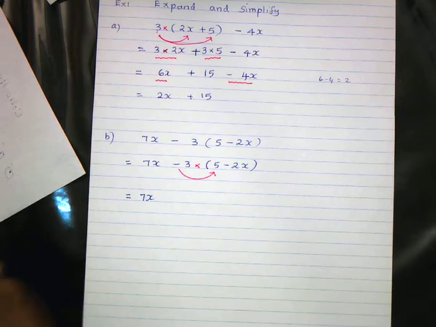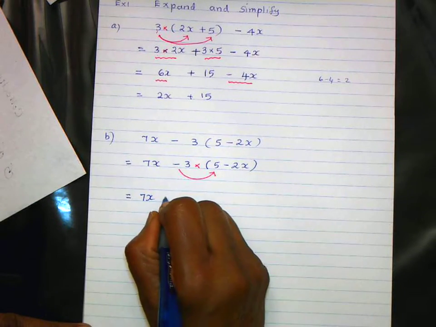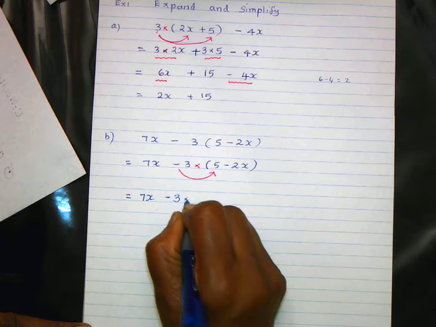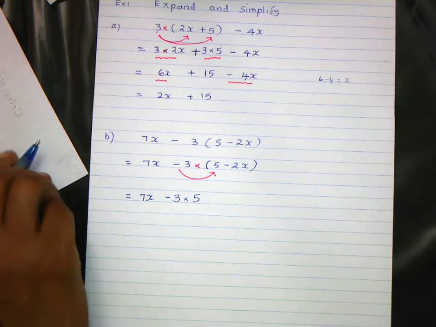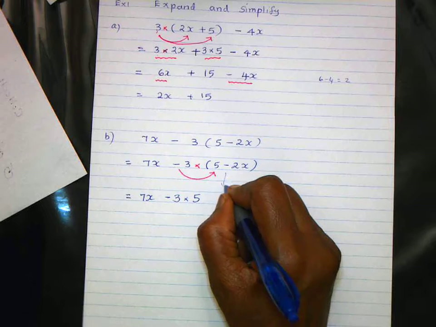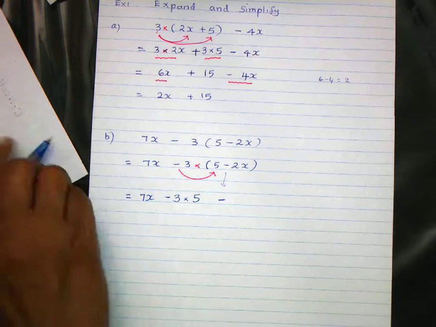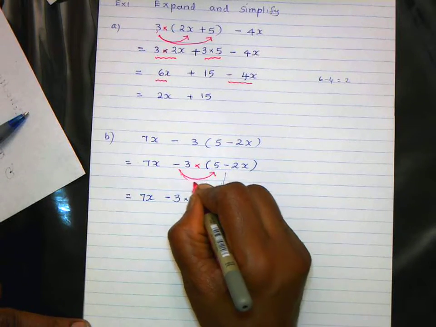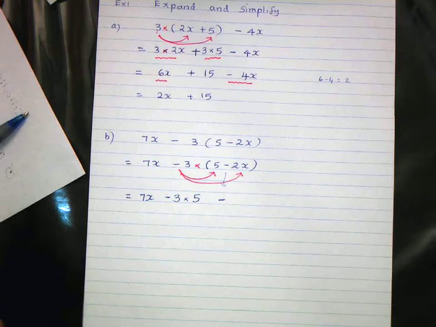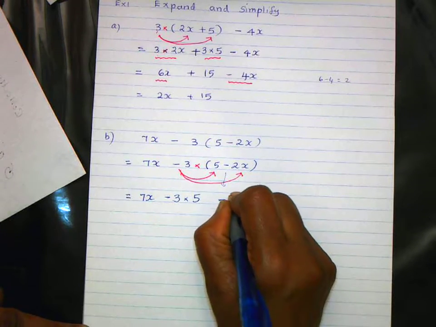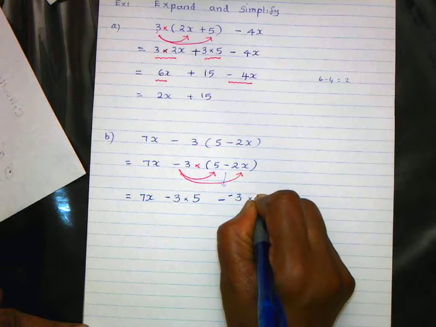So that becomes minus 3 times 5. And I'm going to bring the minus here. Then I multiply minus 3 by just 2x. So that becomes minus 3 times 2x.